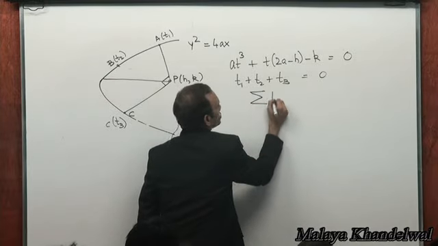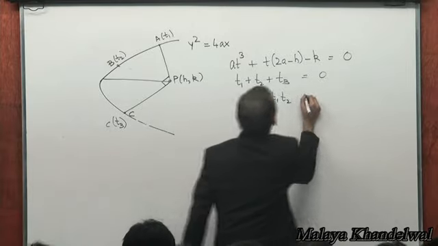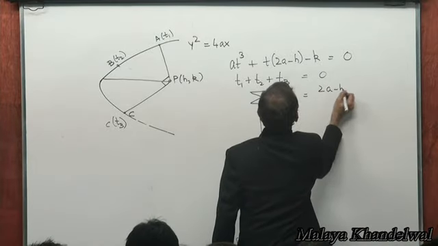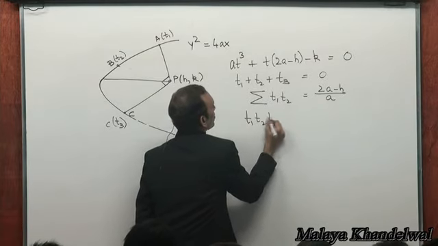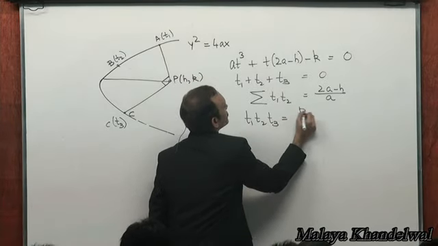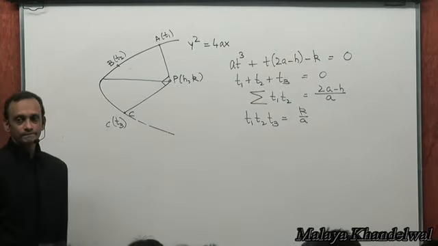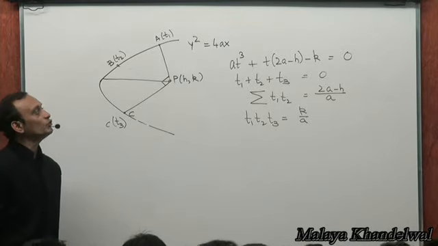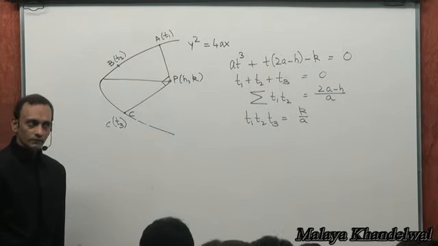T1 T2 plus T2 T3 plus T3 T1 must be (2A minus H) by A, and T1 T2 T3, the product of all taken at a time, is minus 1 cubed into minus K by A, that is K by A. Is that okay?